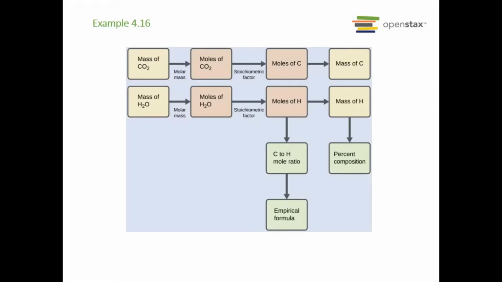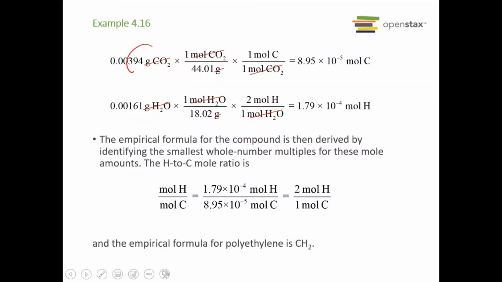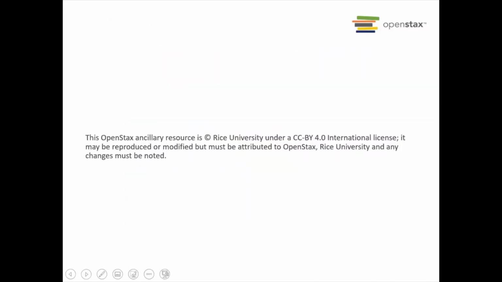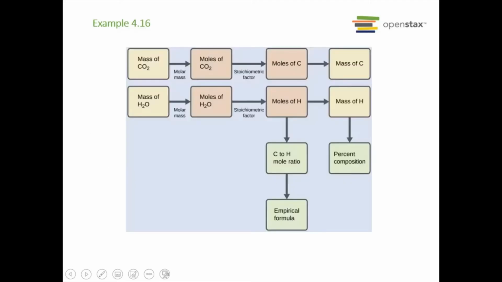So what we need to do is take our mass of carbon dioxide, change it to moles of carbon dioxide, and then we can use the stoichiometry to go to moles of carbon, and then mass of carbon. Well, actually, not mass of carbon.